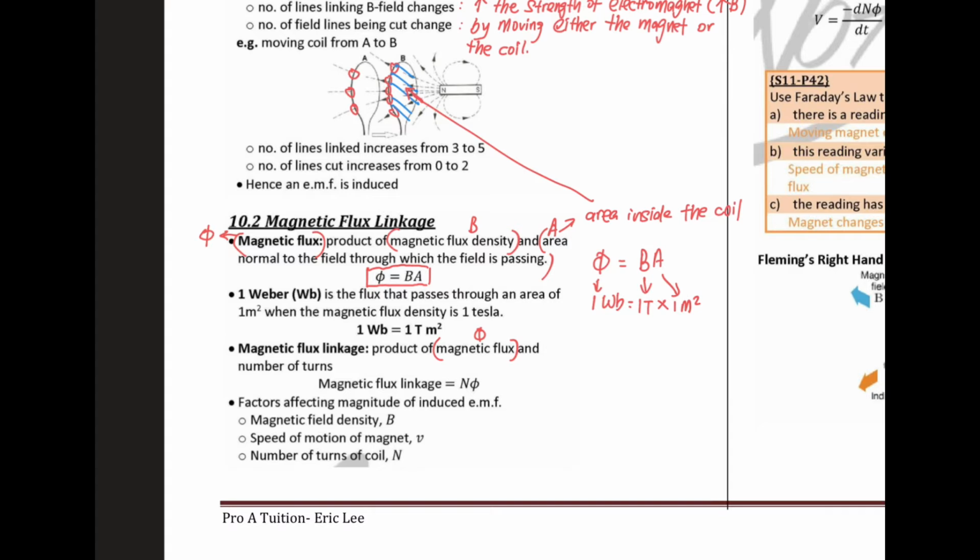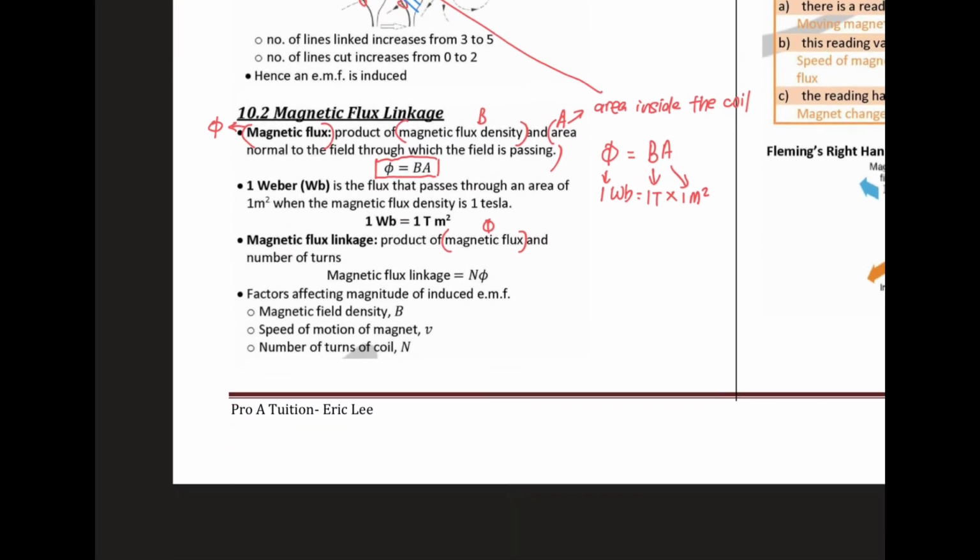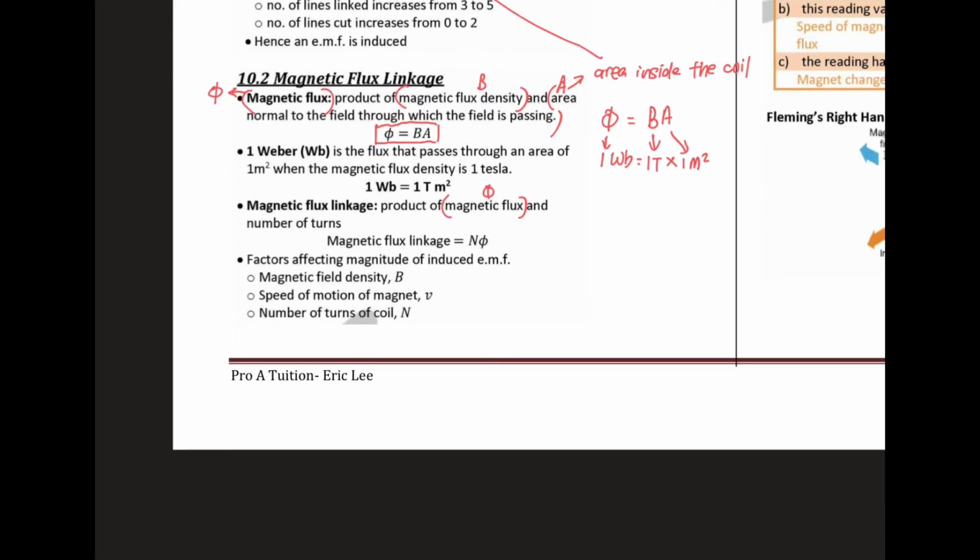What is magnetic flux linkage? It is the magnetic flux which induces a current in the coil. Okay, so I write down in short for these three things.